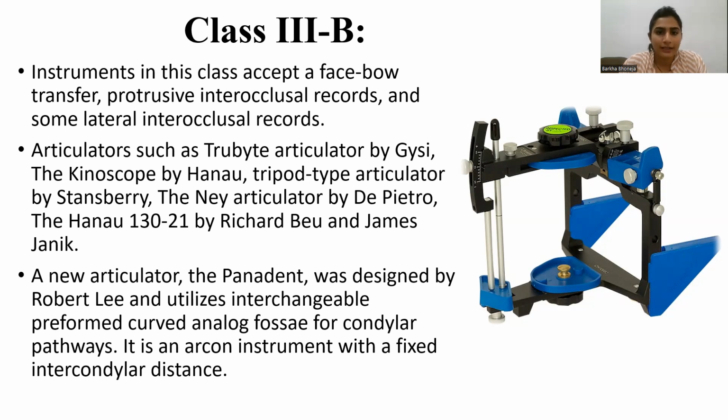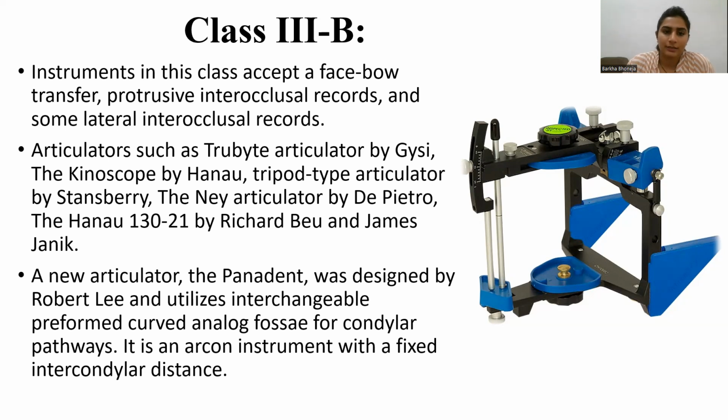Articulators such as the True-Bite articulator by Gysi, the Kinoscope by Hanau, the tripod type of articulator by Stansbery, the Knee articulator by DePietro, and the Hanau 130-21 by Richard Beu and James Janik. So these are all the types of articulators which are class 3B.